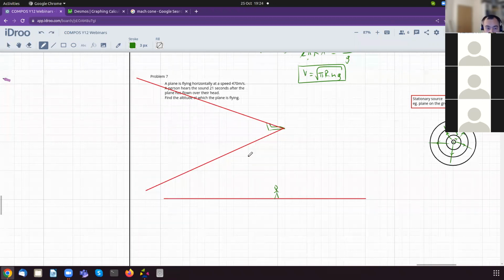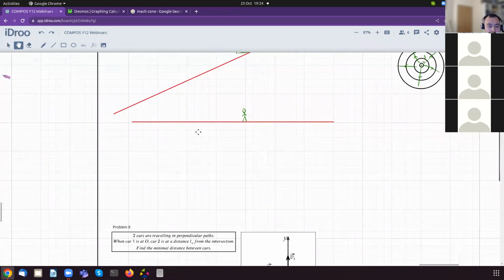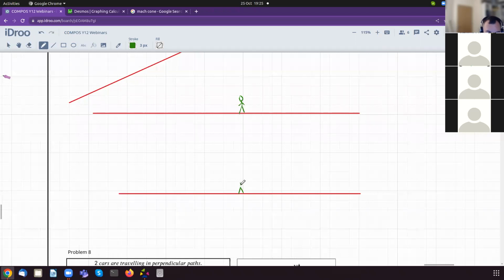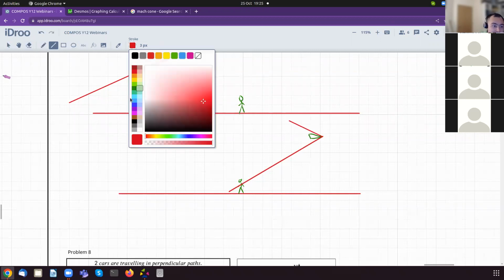So you will hear the sound when the plane is here and the cone has reached you. And here, you just use clever geometry to work out what's what.